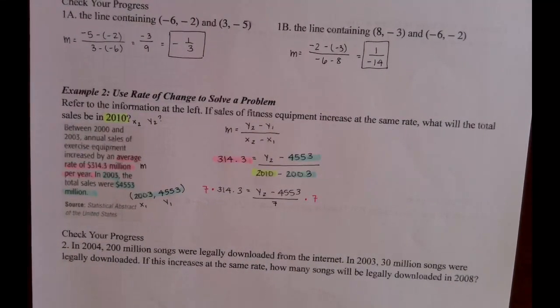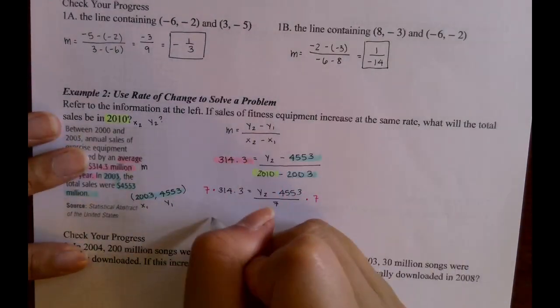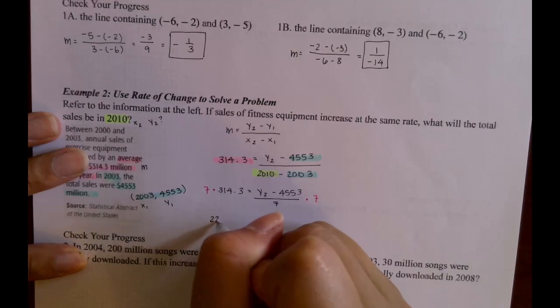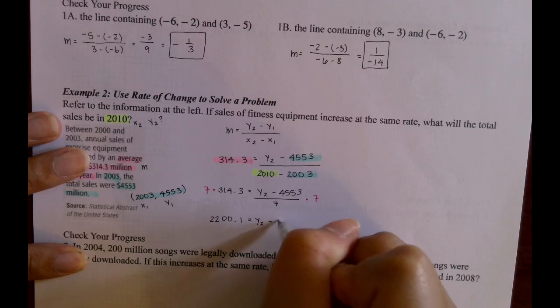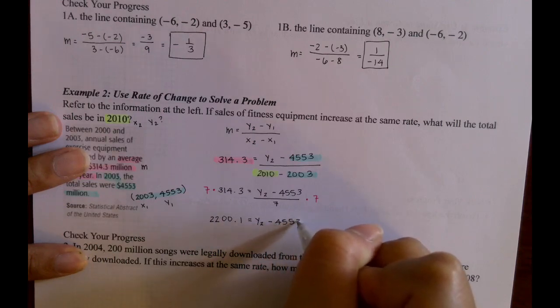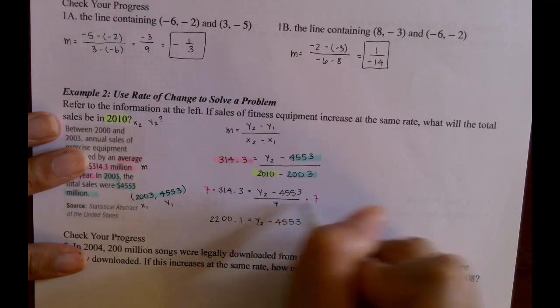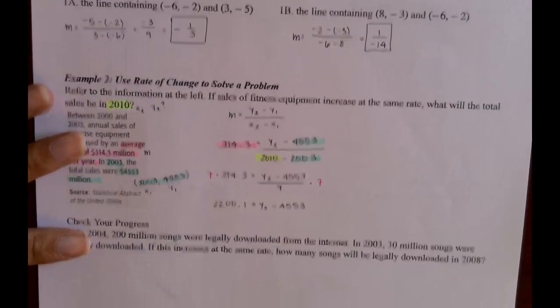And 7 times 314.3 becomes 2200.1 equals y sub 2 minus 4,553, because the times 7 and the divide by 7 undo each other.